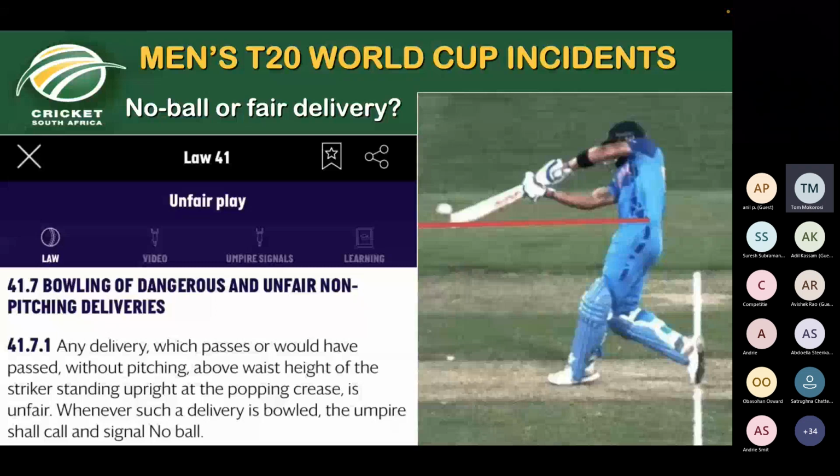Of course, yesterday was the blockbuster match at the Melbourne Cricket Ground between India and Pakistan. There was an absolutely action-packed last over where a no ball was called for a full toss or a non-pitching delivery above waist height, which Virat Kohli, pictured here, hit for 6.